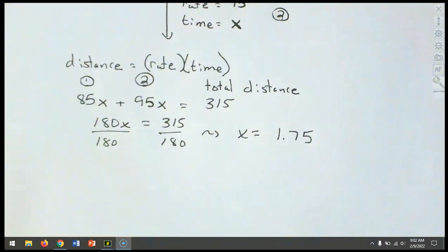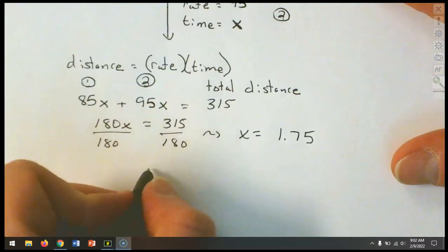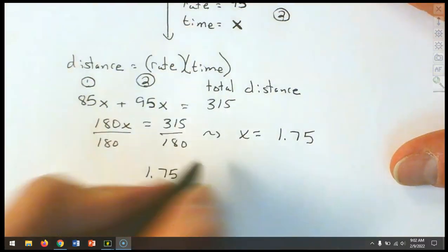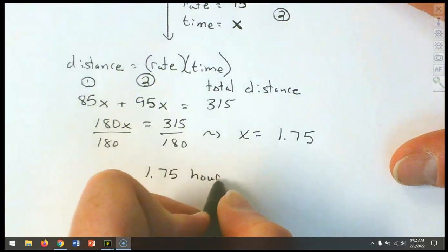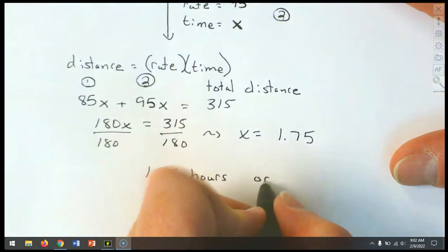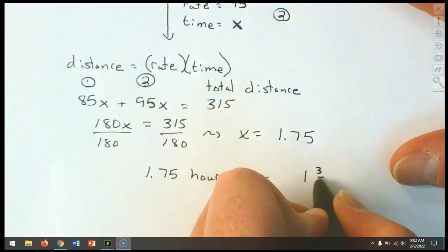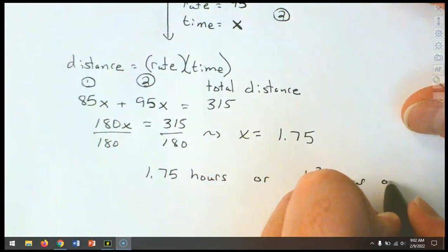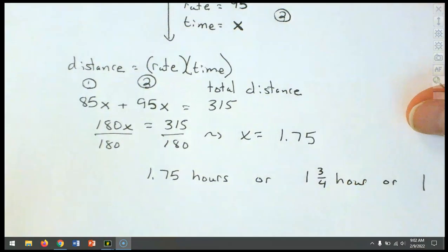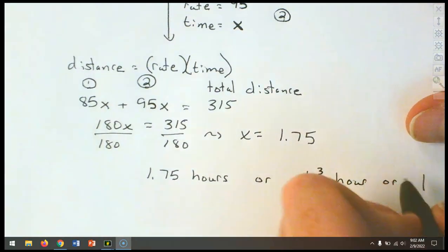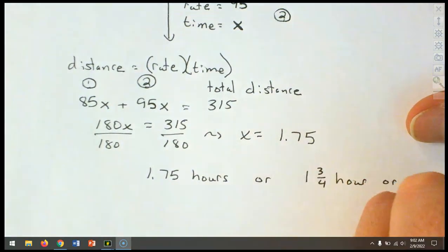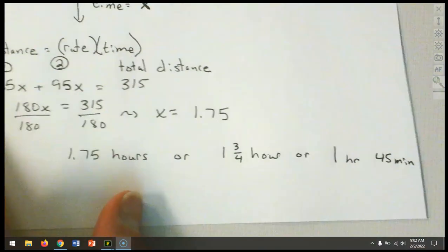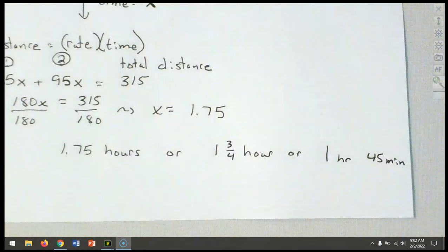And you can express this a couple of different ways. On applications, you can leave them as a decimal. So you could write it as 1.75 hours, or you could write that as 1 3/4 of an hour, or you could write that as 1 hour and 45 minutes. I would take any of these three.